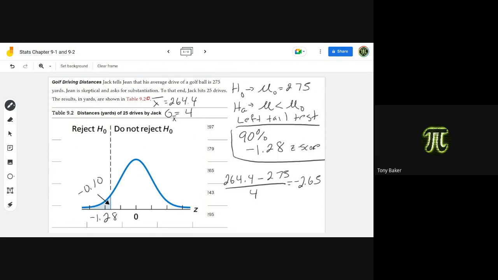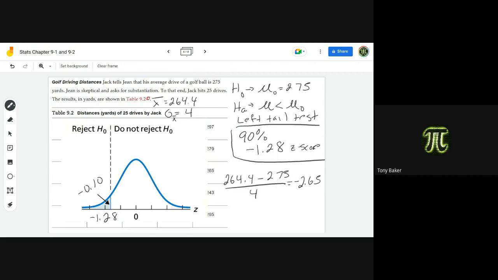This is what is represented by a left-tailed test. Okay, so you're going to get your bell curve, and that's why it's a left tail because we're looking at that left side. If the value that I got is in that area, we reject.